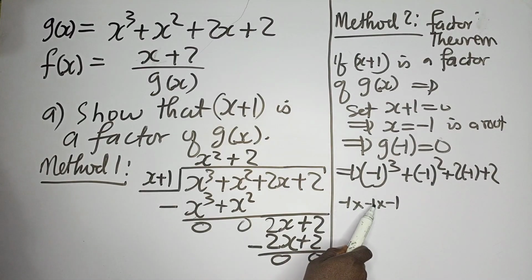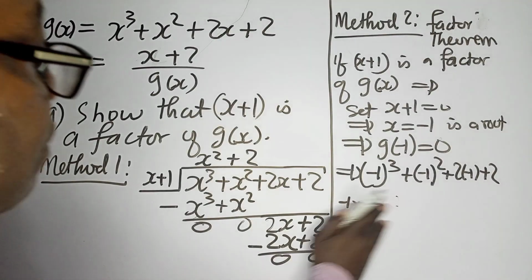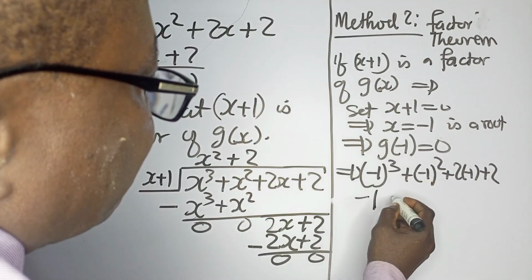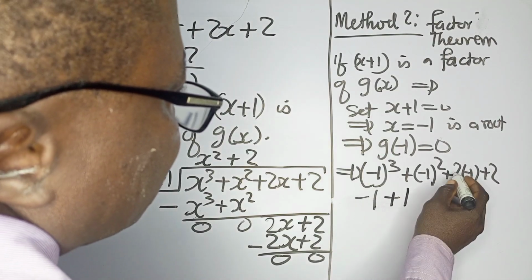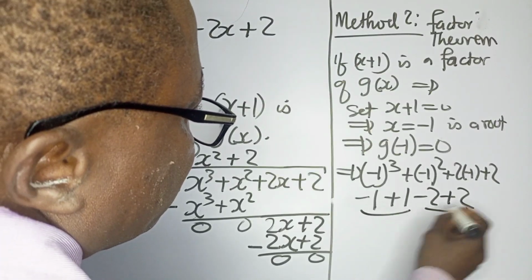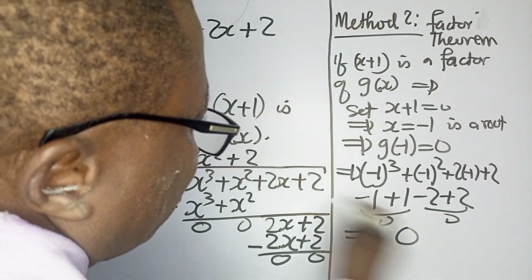So negative times negative is positive, times negative is negative. So this one here is -1. -1 squared is +1. Then 2 multiplied by -1 is -2, plus 2. This is 0, this is 0. So everything gives us 0.